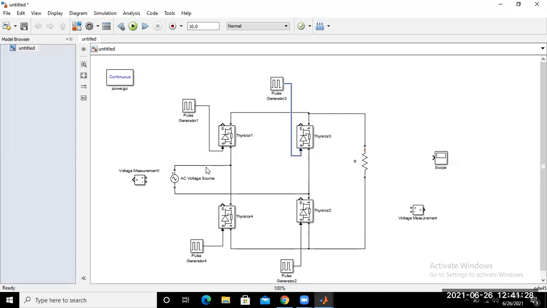Okay, fine. So now connect this voltmeter across the input supply voltage, one from this point and one from this point. And this voltmeter is connected across the output terminal, so connect from this output terminal, from this point to this point.